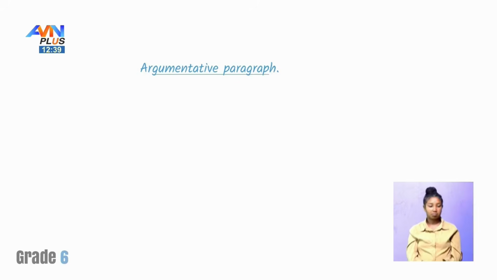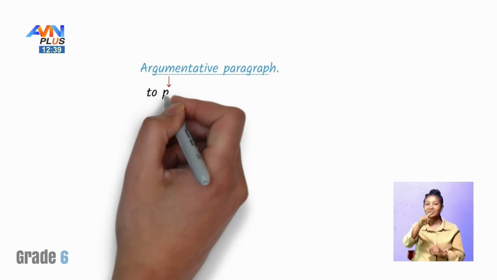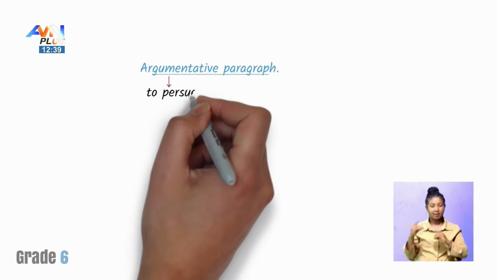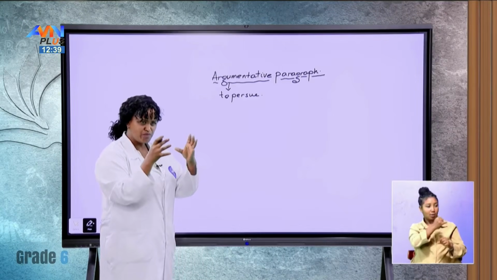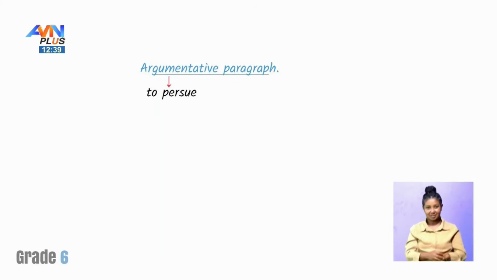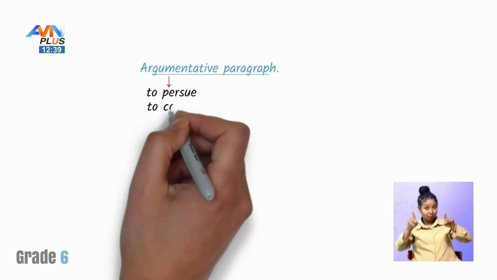Argumentative paragraph. Argument means what? Argument means to persuade. To persuade someone, to push someone, to put some pressure on someone to convince.